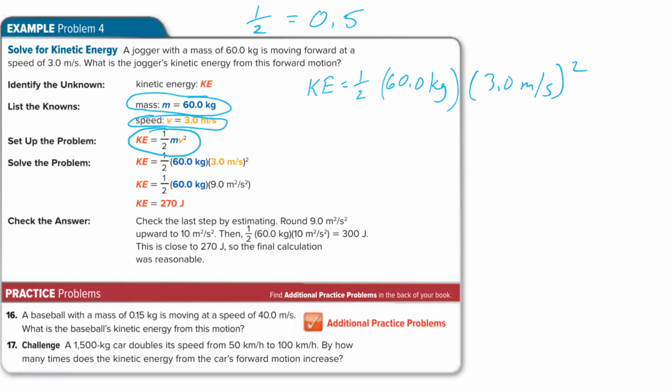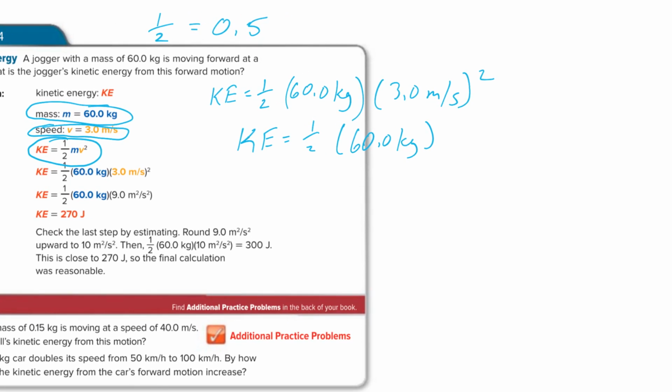So we work through this here. KE is equal to 1/2 times 60 kilograms. Now squared means you're really taking 3.0 meters per second times 3.0 meters per second.